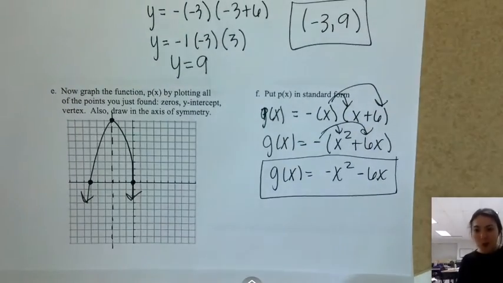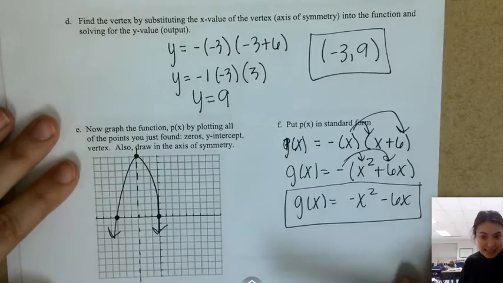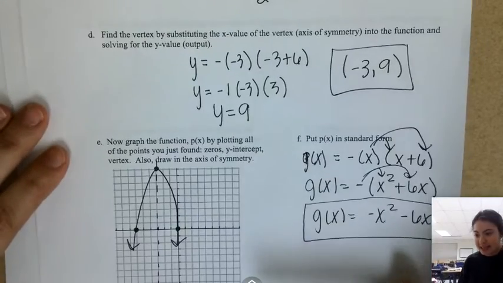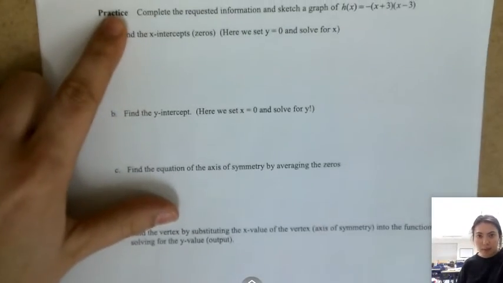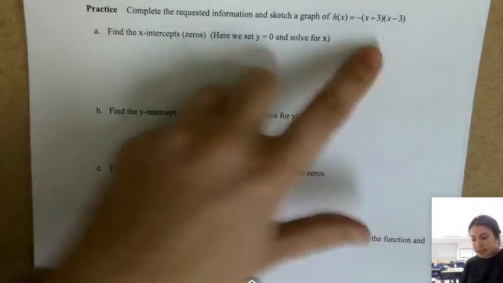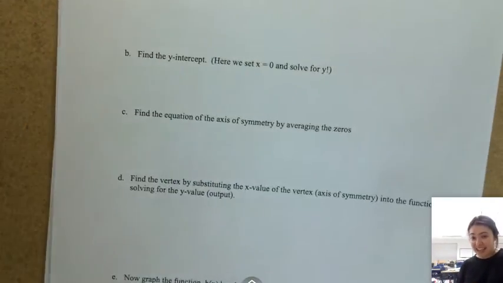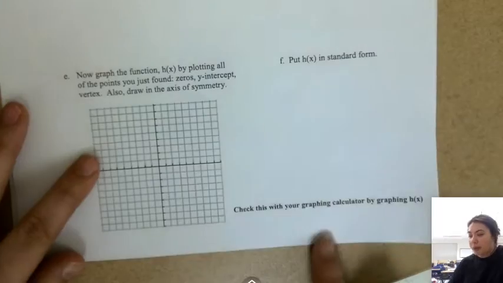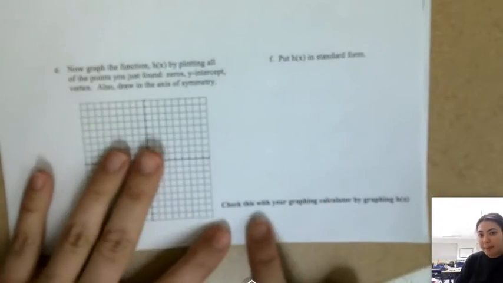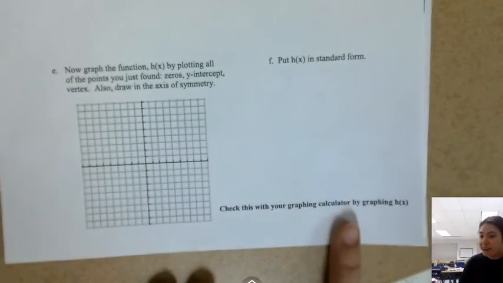So with that, your last example on your homework is example problem number 3, which really is not labeled example problem number 3. It's just labeled practice. Now, there is no video for this last example problem because we would like you to check your work by plugging this into your graphing calculator.